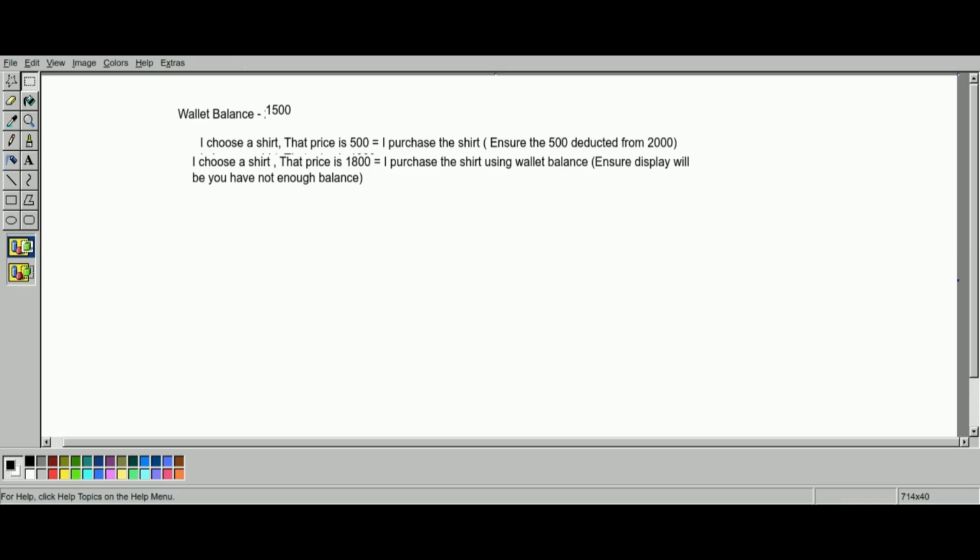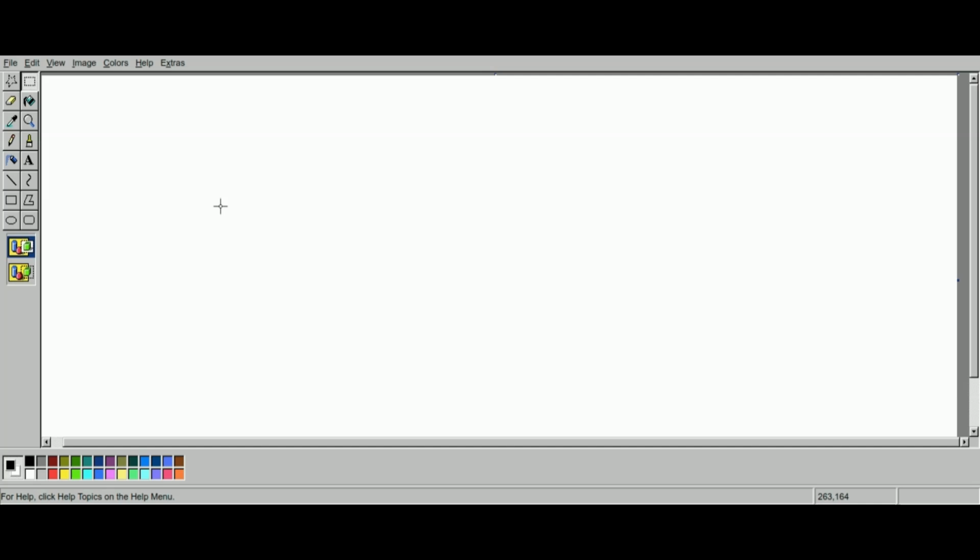What is state transition? State transition is validating the software behavior of different states and transitions.